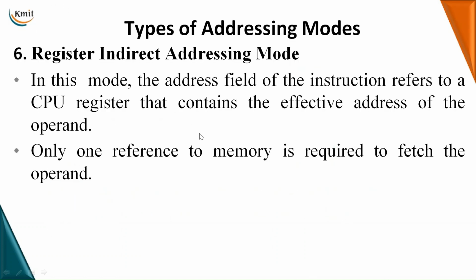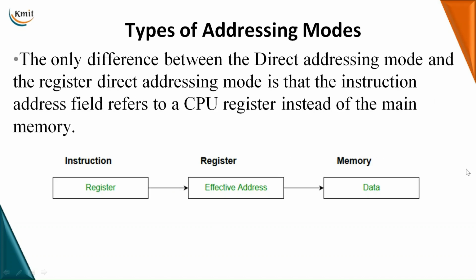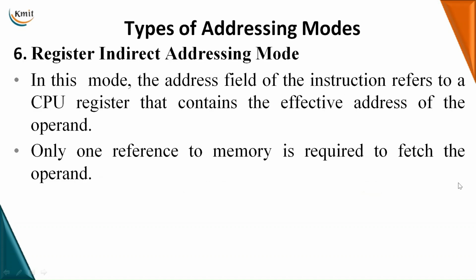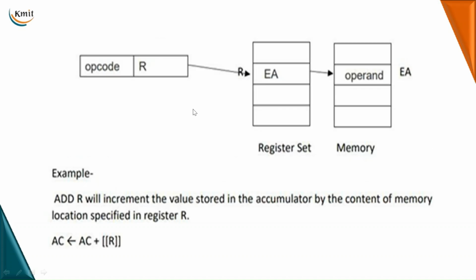The next type of addressing mode is the register indirect addressing mode. In this mode, the address field of an instruction refers to a CPU register that contains the effective address of an operand. In this case, only one reference to the memory is required to fetch the operand. In an example of register indirect addressing mode, there is the opcode and the register name. If I access that particular register in the register set, it doesn't contain the actual operand.